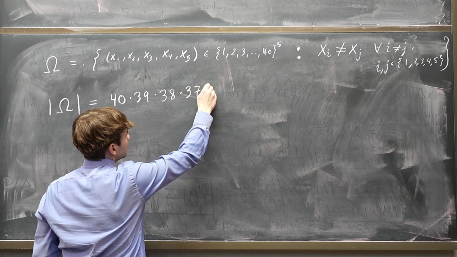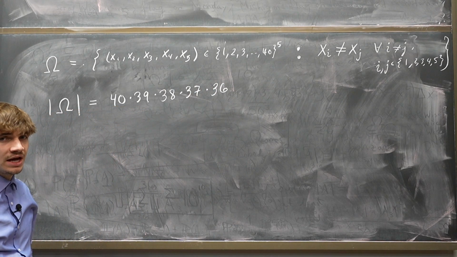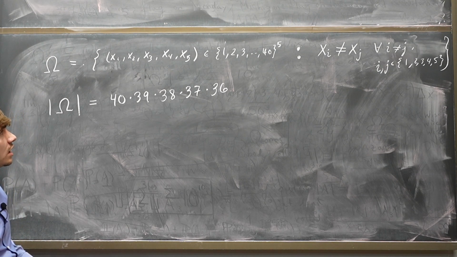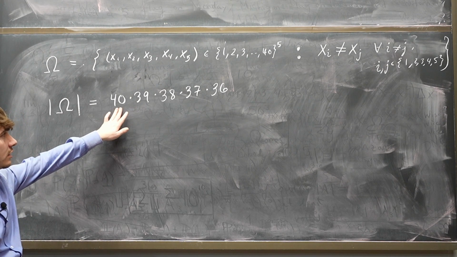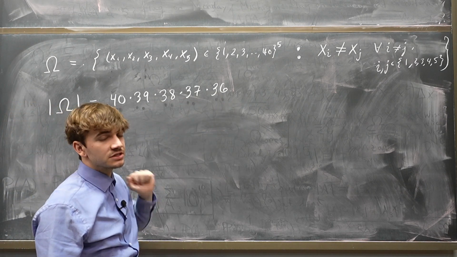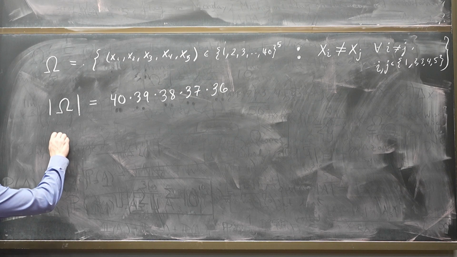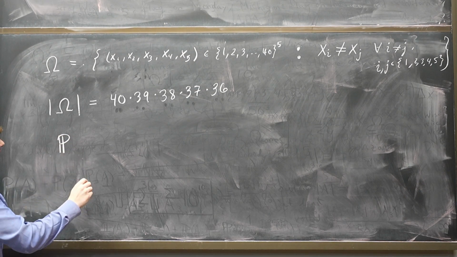And so we see that the total number of choices I can make to select a lottery number is precisely 40 times 39 times 38 times 37 times 36. Okay, and so this is the size of omega.